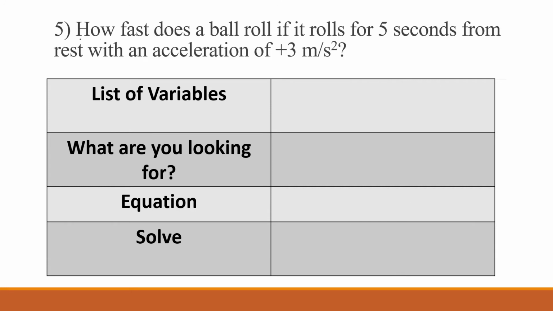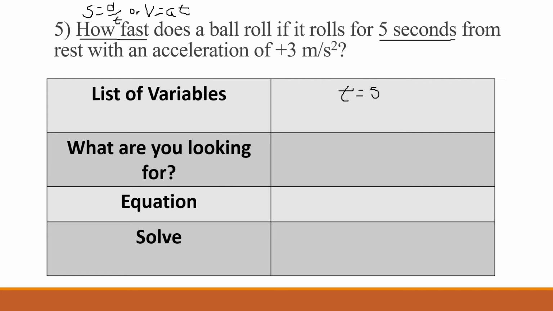How fast? Okay, how fast? Because I see the words how fast, I know it's either speed equals distance over time or velocity equals acceleration times time. I know that because of the words how fast. Does a ball roll? If it rolls for 5 seconds, okay, 5 seconds is my list of variables. T, 5 seconds.